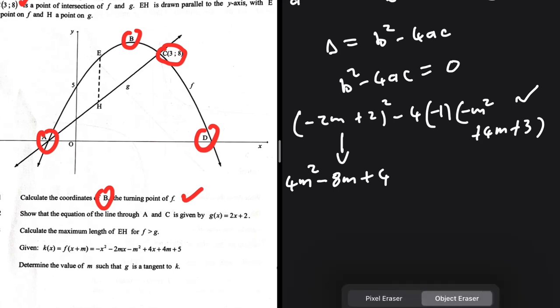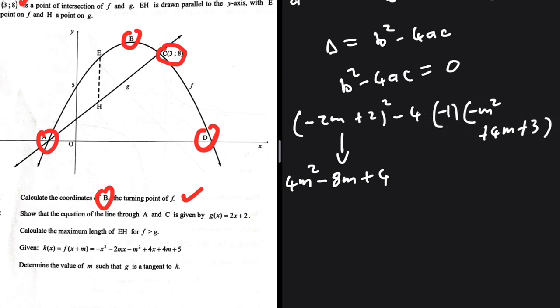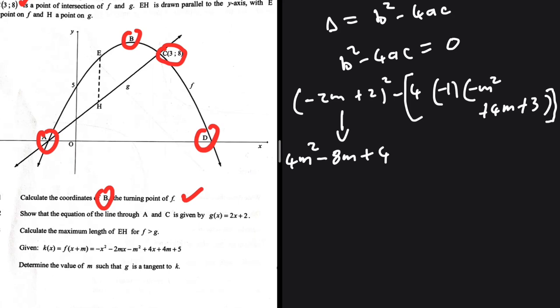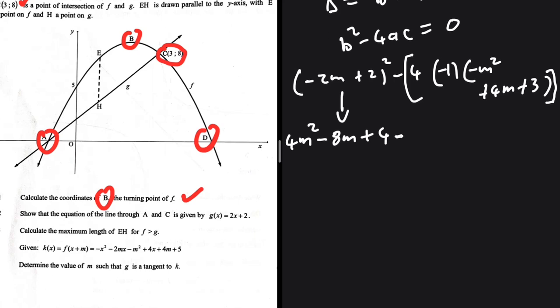No, I don't want to erase the entire thing. Let me show you what I want to do. So I want to drag these and say minus 4ac. So I want to find the 4ac separately, right? So I have minus, and then I have my 4 right here, and then I want to solve that, which is inside the brackets there.